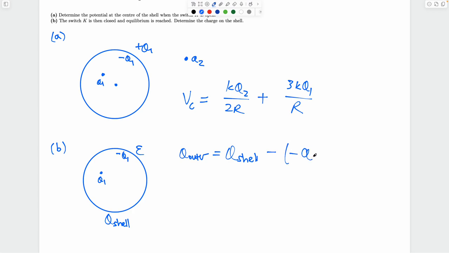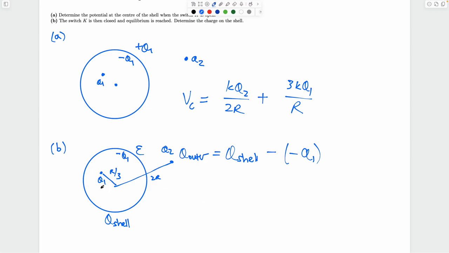Minus negative Q1, because these two added up, the outer plus inner surface must be equal to the total charge on the shell. And then the second condition we can use is that the potential at the surface must be E. So if you have the other charge Q2 at a distance 2r, then the sum of all these potentials must be equal to E, right?